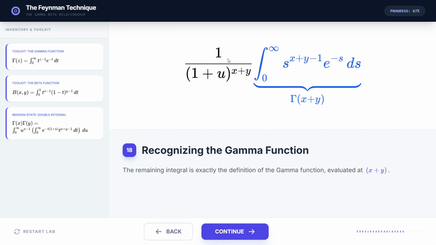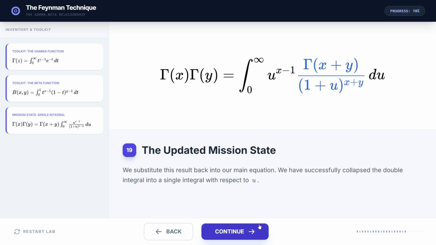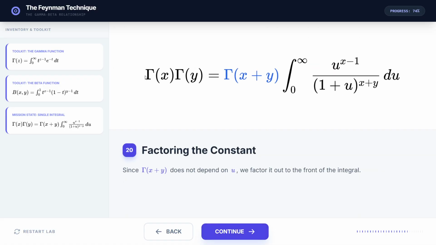So that whole right-hand side just becomes 1 over u, 1 plus u to the x plus y times gamma of x plus y. So now we are left with just this. And you'll notice that this is constant with respect to u. So we can bring that right outside the integral. So now we have gamma x times gamma y is equal to gamma x plus y times this.